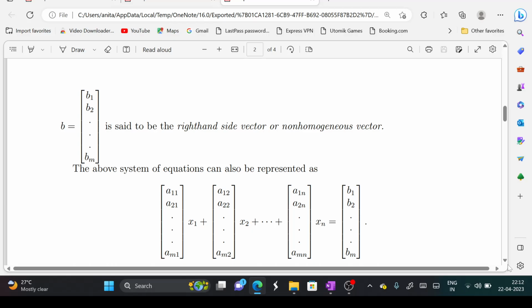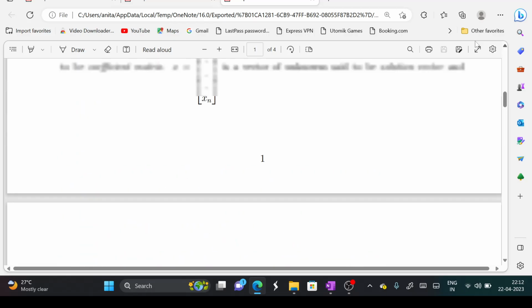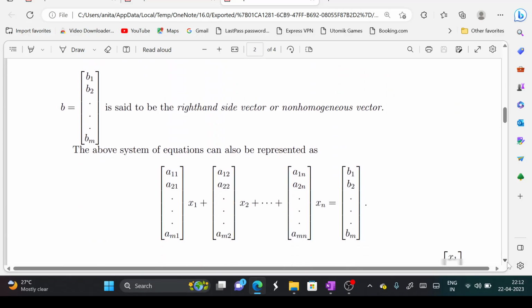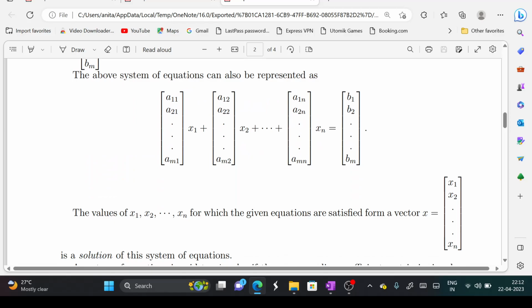Observe here, in this system, I can take the columns of A as vectors. The first column is the coefficient of x1, the second column is the coefficient of x2, and so on, the nth column is the coefficient of xn, to give rise to the right hand side vector.